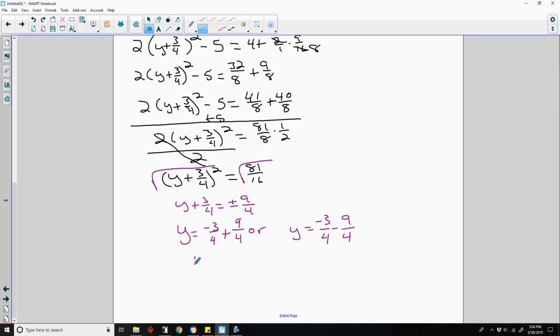So this is going to give me 6/4, which equals 3/2. And this is going to give me negative 12/4, which equals, sorry about those 4s, they always snap when I'm writing with this pad. And that equals negative 3. So my answer is 3/2 or negative 3.